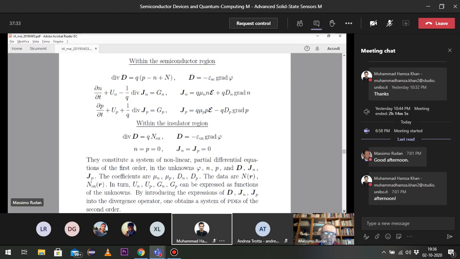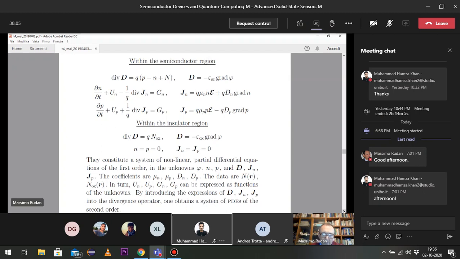They are partial differential equations because we have the partial derivatives with respect to space due to the divergence operators and to the gradient operators. And we also have the partial derivatives with respect to time of the electron and hole concentrations, okay?